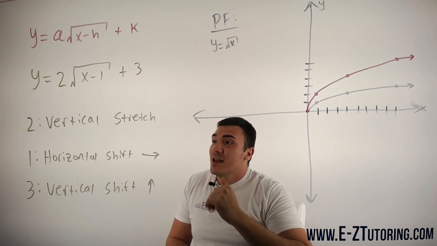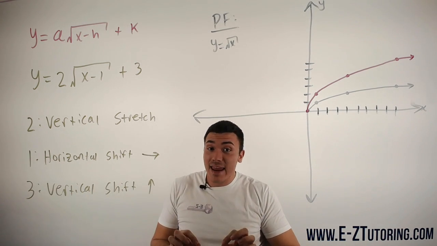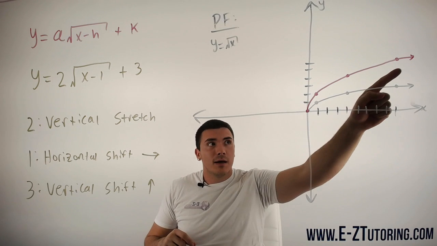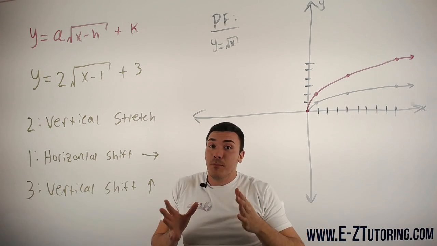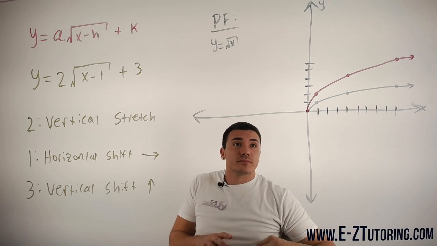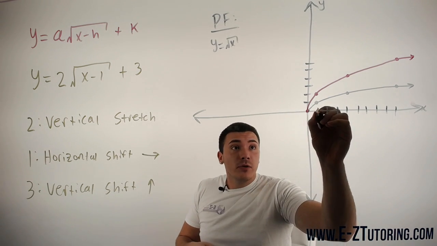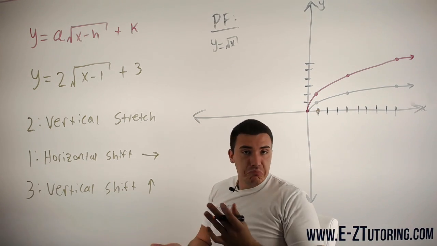Let's do the next one. Horizontal shift to the right by 1 unit. So that means we take every single point of our new one and move that towards the right by 1 unit. So we take this point and we move it to the right 1 unit. That puts us right there. Easy enough.